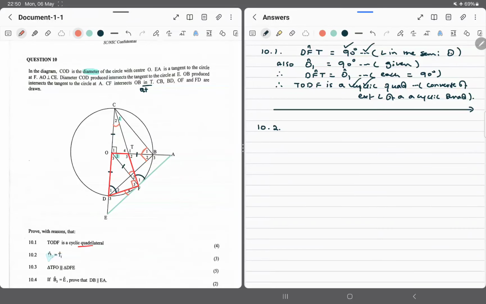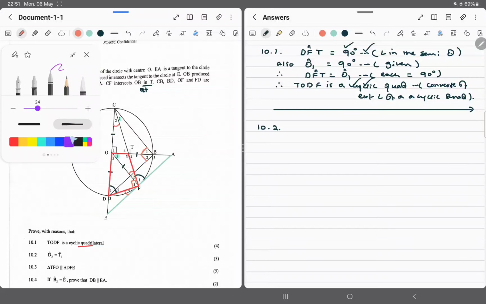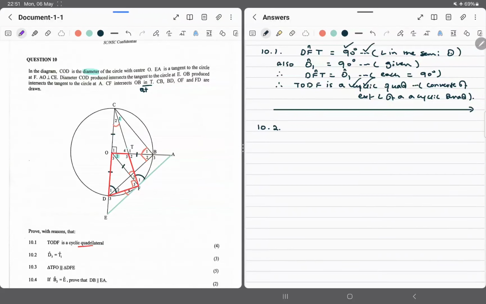Now we need to prove that D3 is equal to T1. So how are these related? Look, T1 is itself vertically opposite that T3, right?